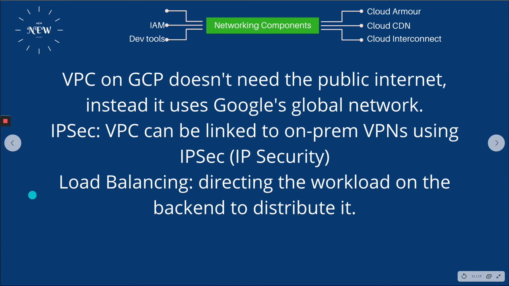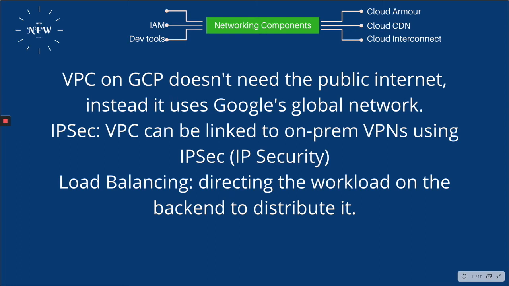Next, we want to have a look at networking components. We've got VPCs, which we discussed before, but what we didn't say is that you don't actually need public internet to access these VPCs. Instead, you can use Google's global network, which makes it highly available and much faster to use these VPCs.